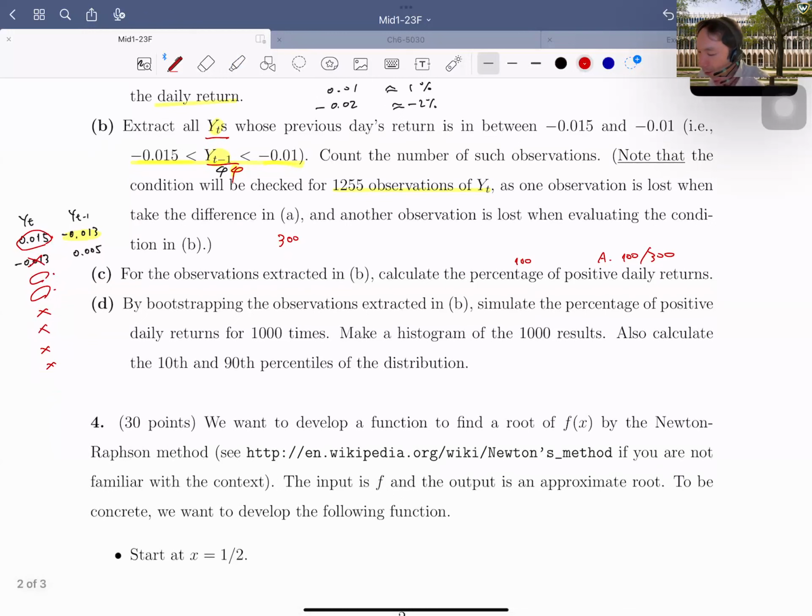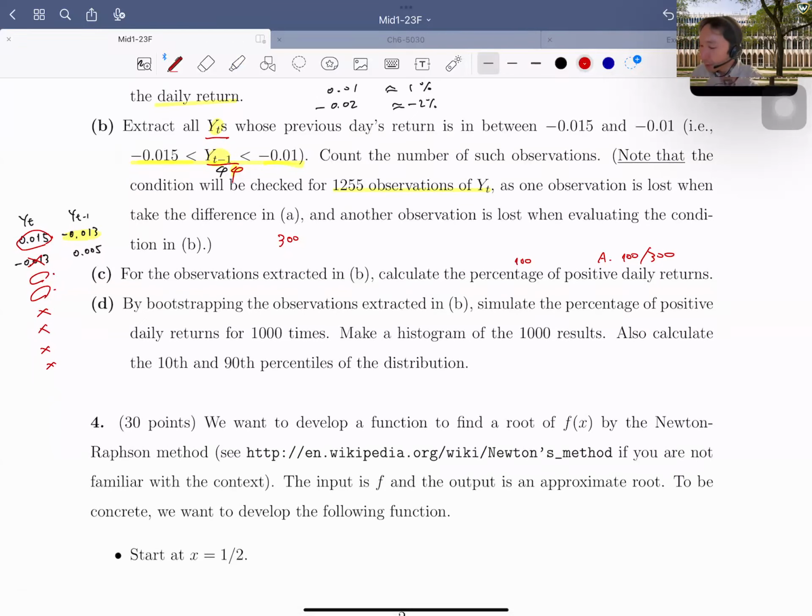And D: by bootstrapping observations extracted in B, simulate the percentage of positive daily returns 1,000 times, make a histogram of the 1,000 results, and also calculate the 10th and 90th percentile of the distribution.